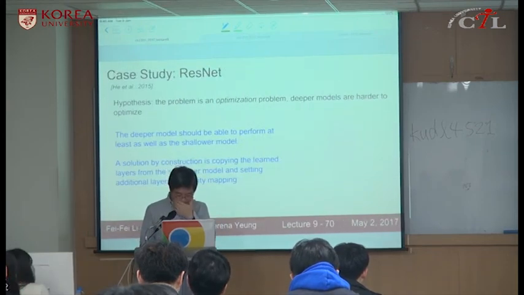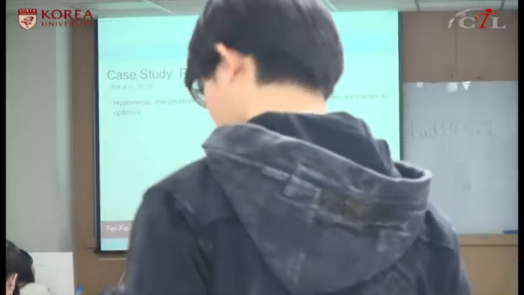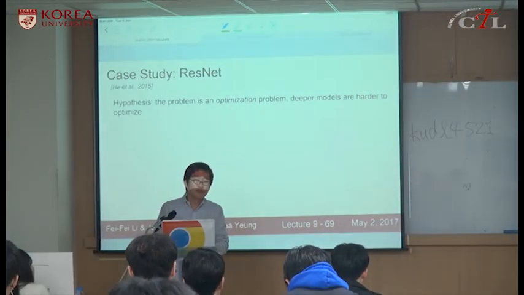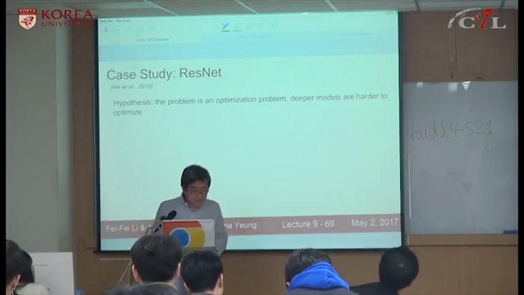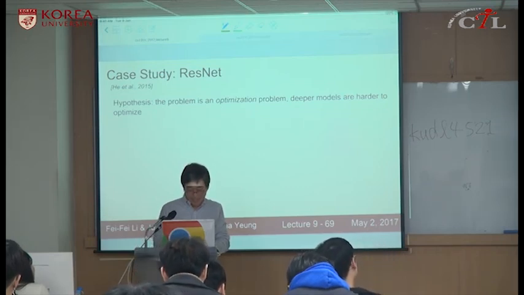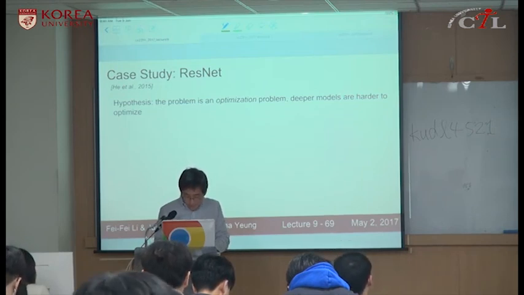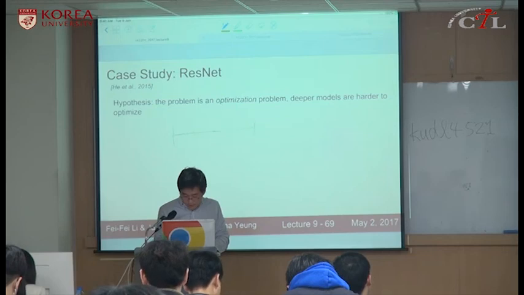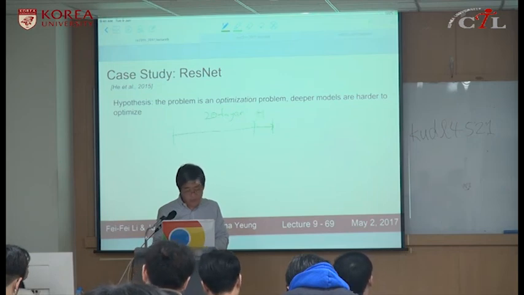So in order to overcome this issue, Kaiming He invented the residual network, and his hypothesis is as follows. Suppose we have a 20 layer neural net, and suppose we added one more layer.